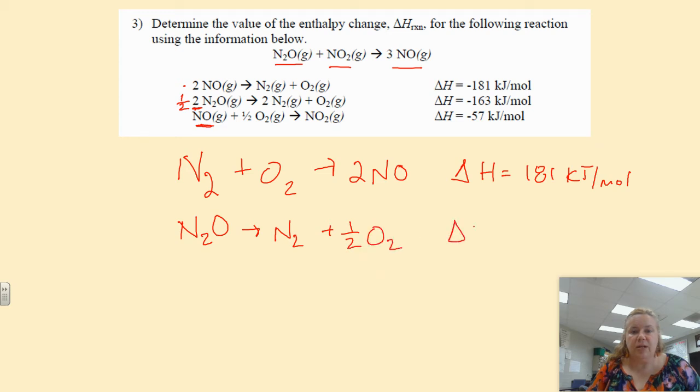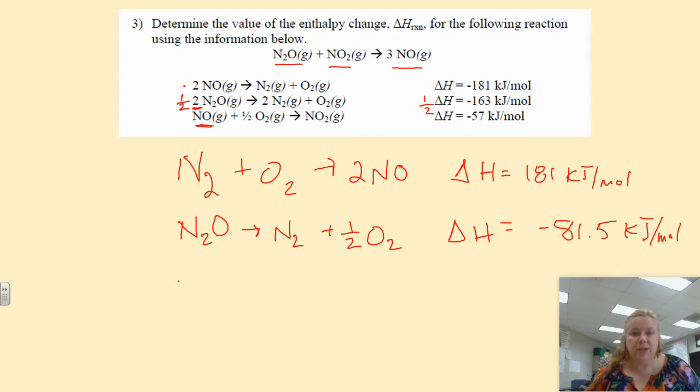That means we also have to multiply our delta H by 1/2. When we do that, 163 times 1/2 is 81.5. It's still a negative 81.5 kilojoules per mole. The reason it's still negative is because we did not have to flip our equation.